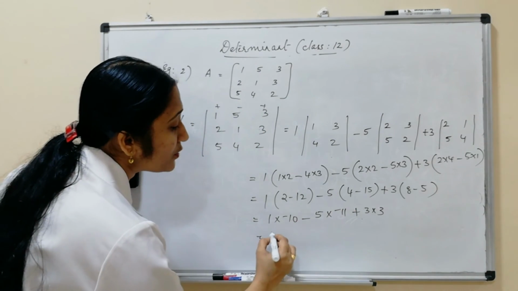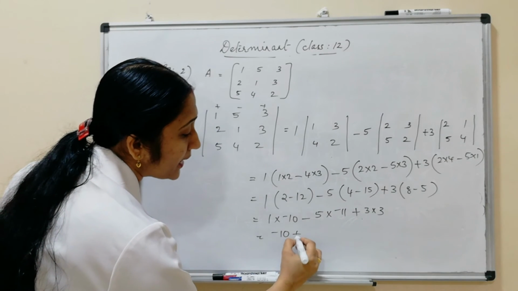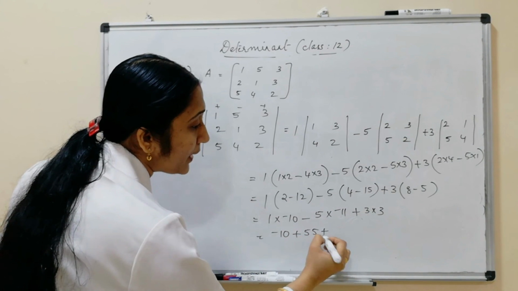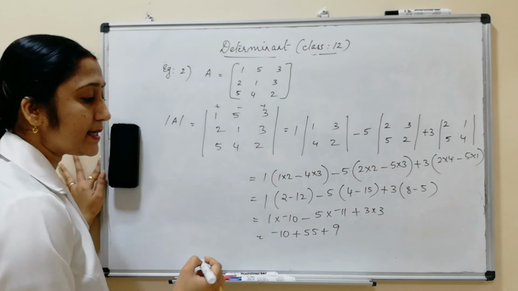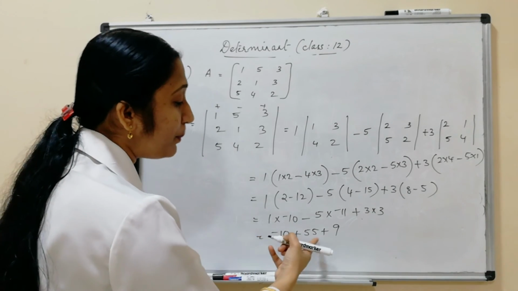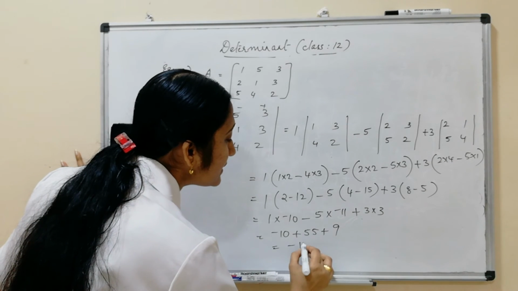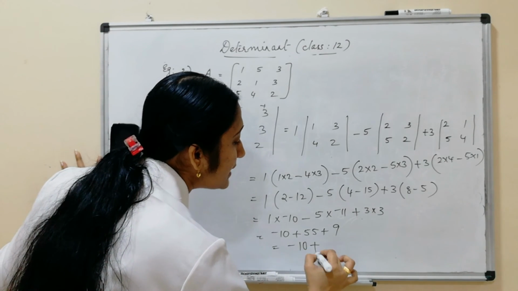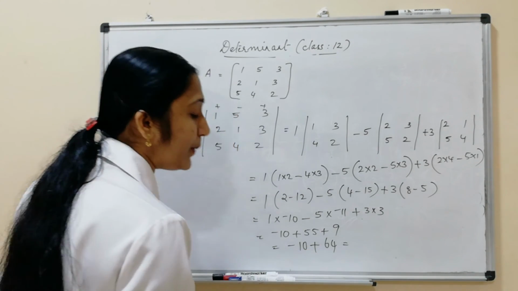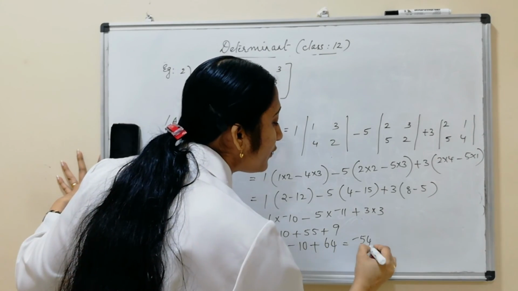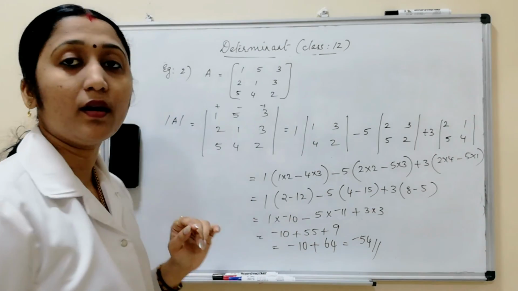So next minus 10, here plus 55, plus 9. So minus 10 plus 55 plus 9, that is minus 10 plus 64, which is nothing but 54 is the value of this determinant.